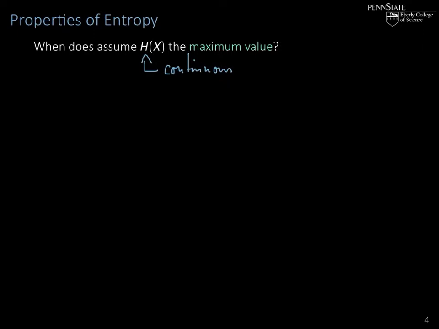So it must assume a maximum value. So where does it assume that? Well, one can figure that out analytically, but let's just look at some intuition. Maybe we can get some insights from that.